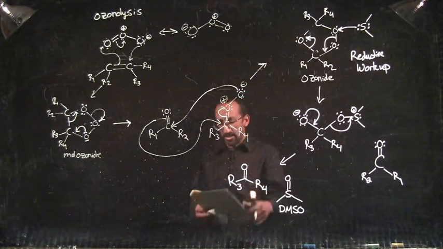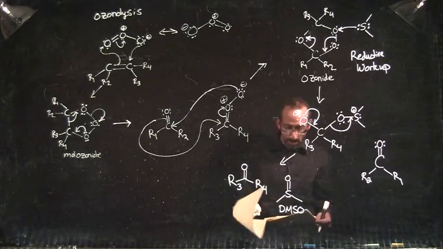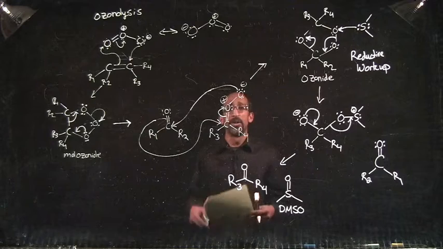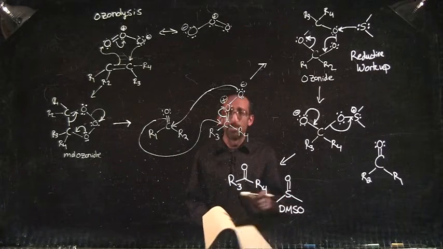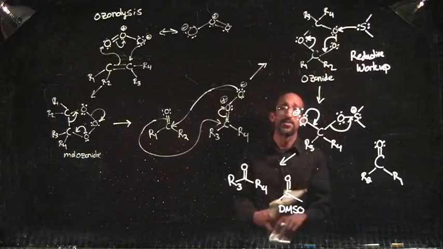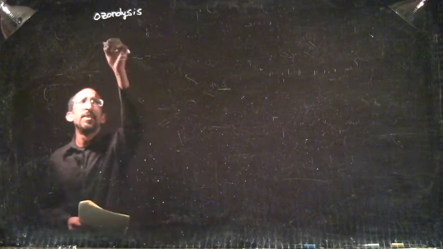What I'm going to do is clear this off, and I'm going to come right back and show you just the general conditions, right? How to compare reductive workup and oxidative workup of ozonolysis and be able to determine the products. Okay, so our general reactions for ozonolysis.